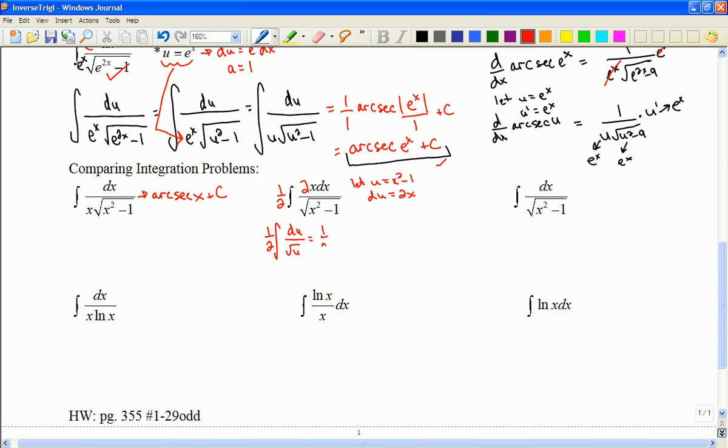I always like rewriting these as exponents because I find it easier to integrate. So I'll have 1/2, add 1, divide by the exponent. Those are gone, which means my answer is going to be root u plus a constant. But remember, u is equal to x squared minus 1. So this is what I end up with for my final answer.